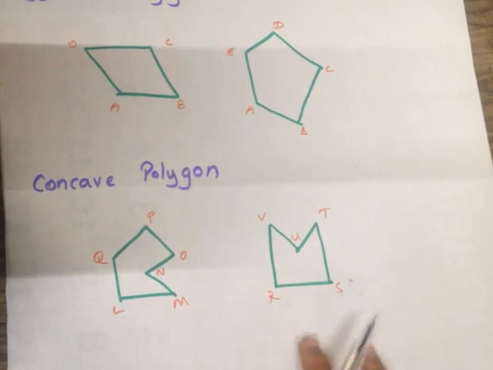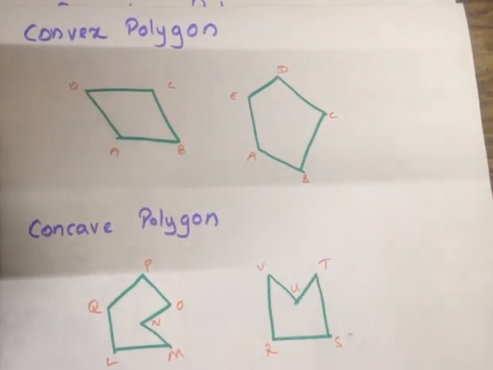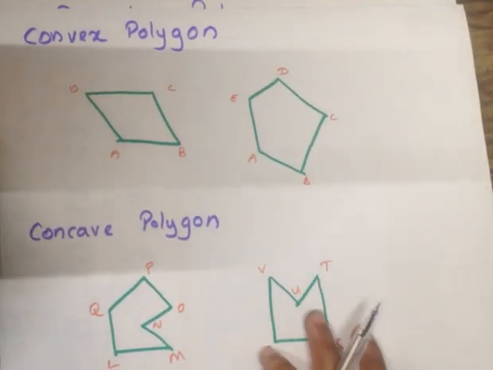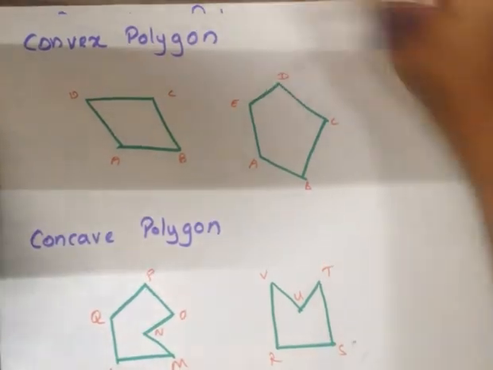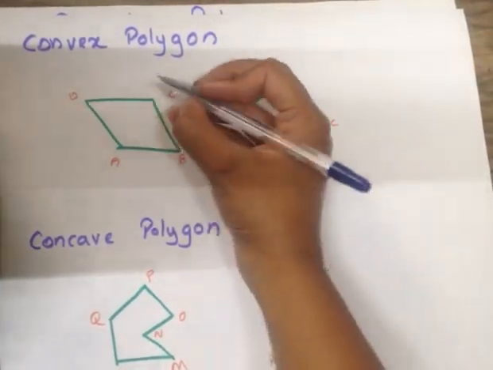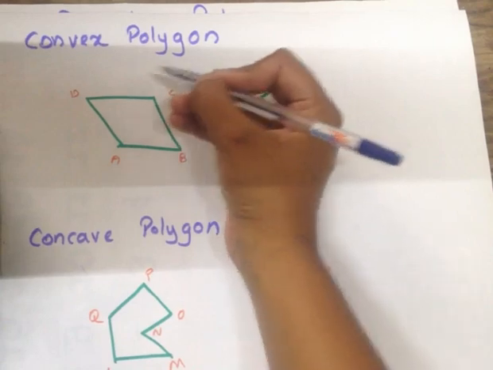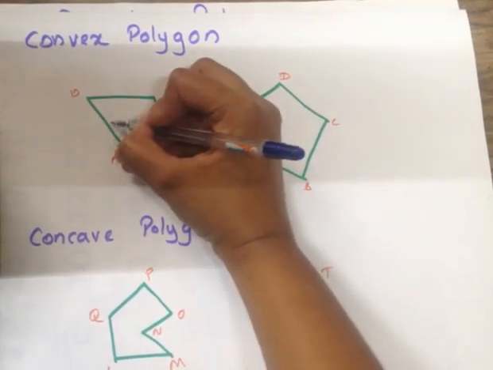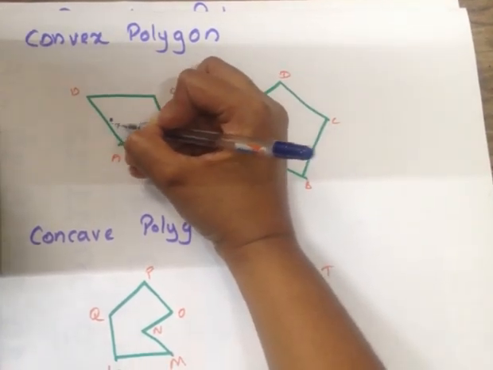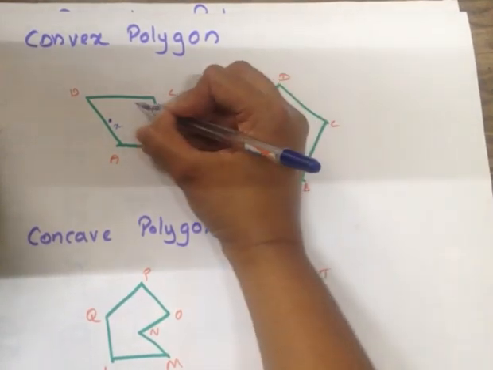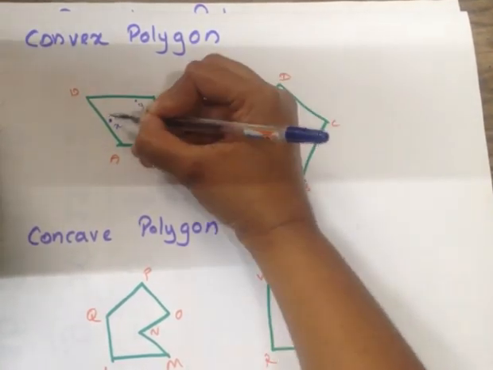Okay, now let's see what are convex polygons and concave polygons. Here in this convex polygon, now I am going to draw a straight line. That means I am going to have 2 points. This is X and this is Y point.